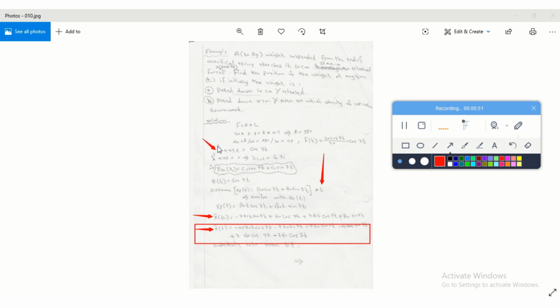After we set the air resistance equal to 0, we already substitute a naught equal to 49. We will substitute X double prime plus 49 multiplied by x, which is the assumed XP, after we remove the similarity with the X homogeneous.